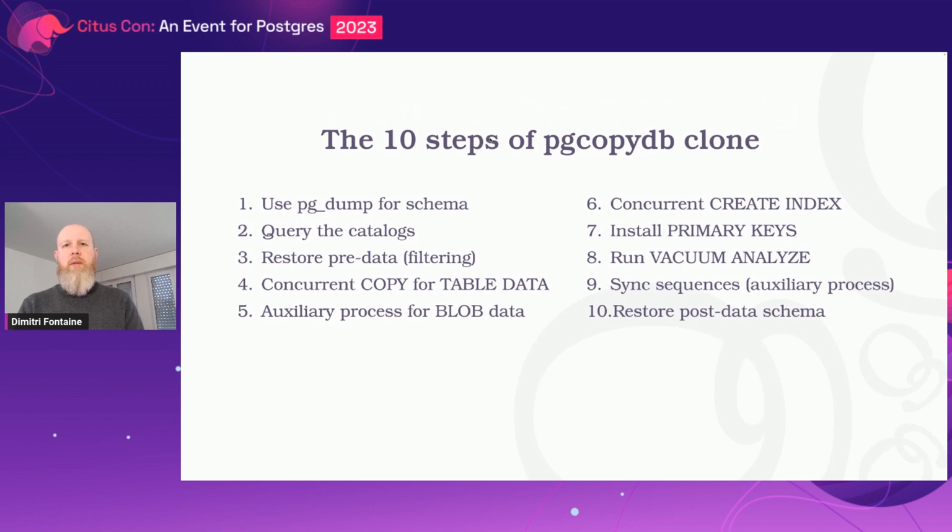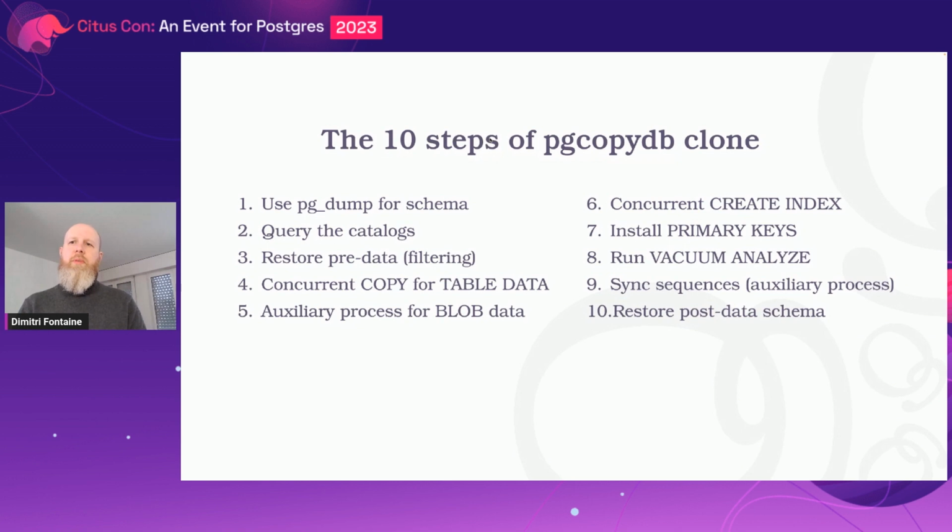pgcopydb clone implements the full operation in 10 steps. Some of the steps are in series, and some of the steps are running in parallel to one another. So it's more of a logical way for us humans to understand what's happening. It's not exactly happening that way inside the code, but that's a proper way to look at it.